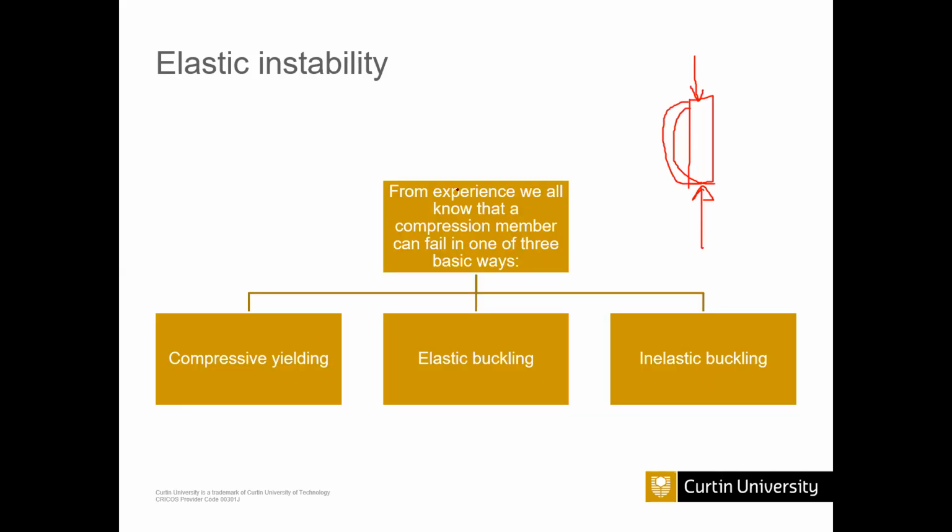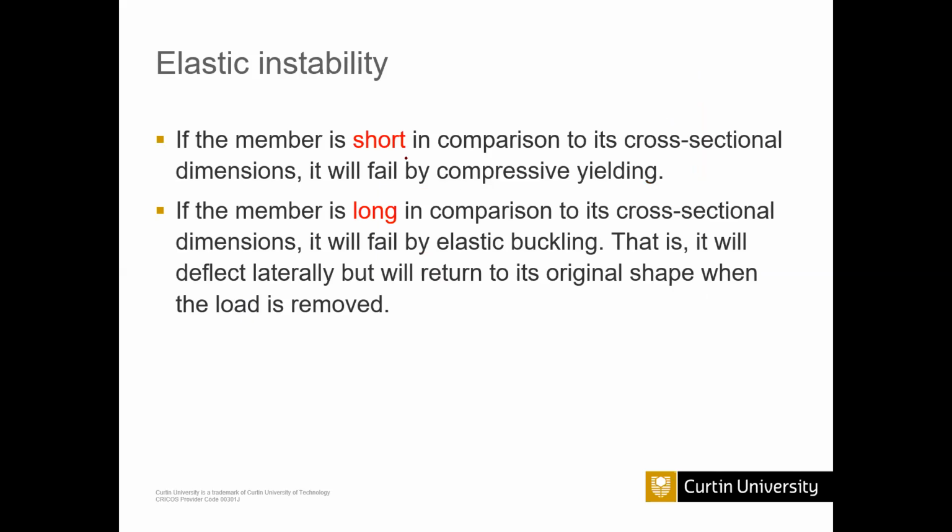Normally compressive yielding will happen with short columns. Later on we will call this shaft a column. We consider a vertical beam, and then we call it a column.